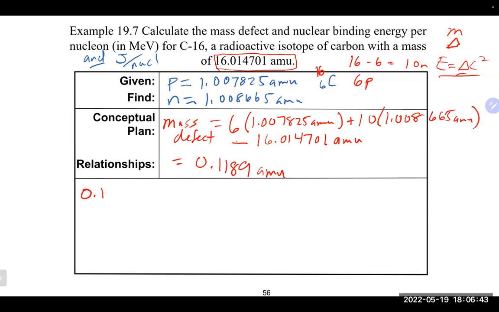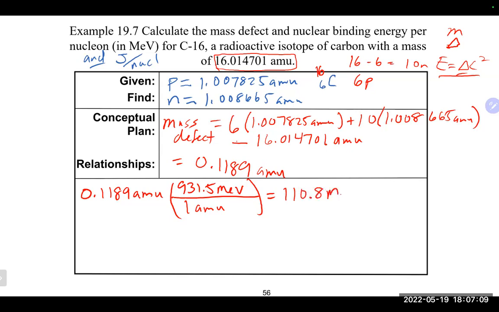So 0.1189 AMU, and using that 1 AMU is 931.5 mega electron volts, that is going to get us about 110.8 mega electron volts.